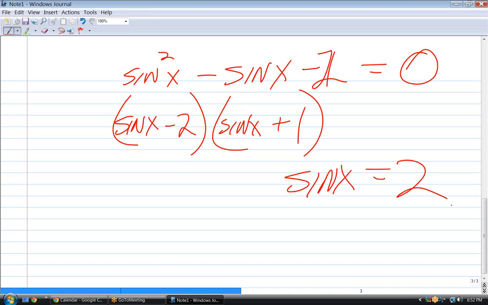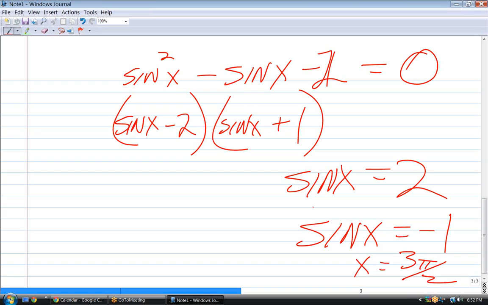Well, that's impossible. The range of the sine function is minus 1 to plus 1. Anything outside of that can't be. So the only solution to this one would come from this. I would cross that one out. That is an extraneous solution.